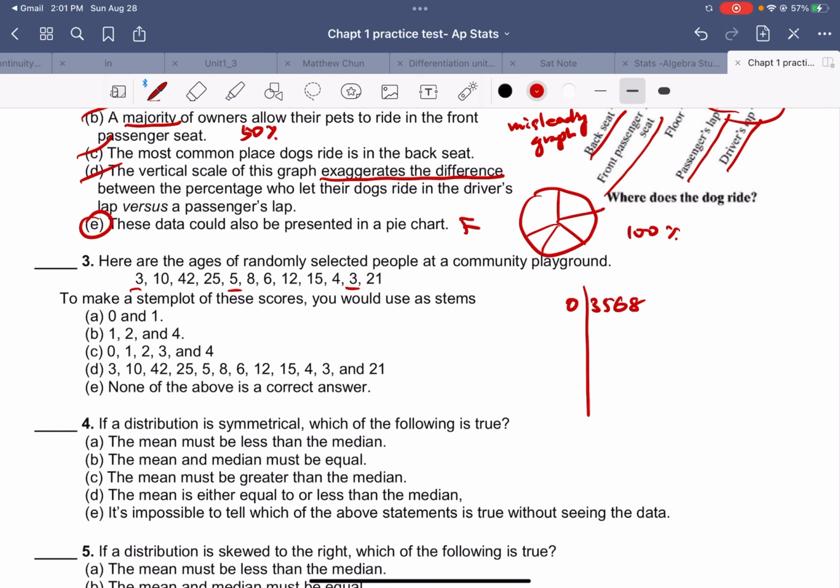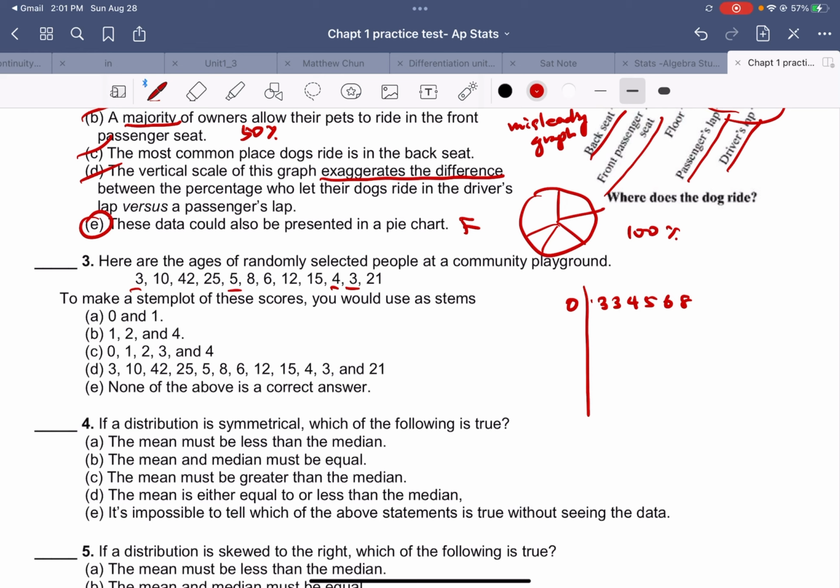Oh, there's one more 3. Oh, there's a 4. Okay, I messed up this table, but you can redo it here. So 3, 3, 4, and then also 5, 6. I don't think they have a 7, so 8, things like that. I'm not gonna do every single one.